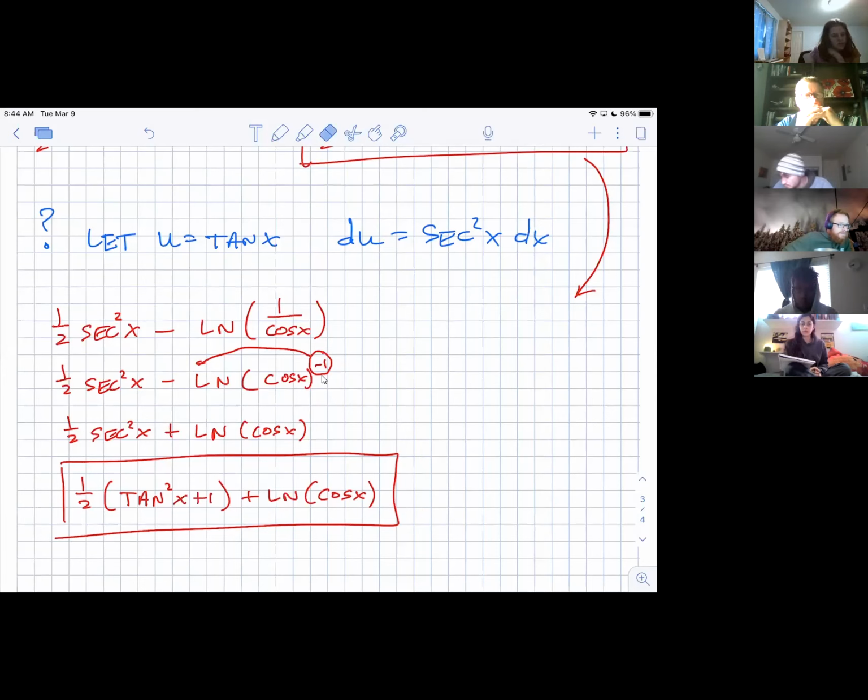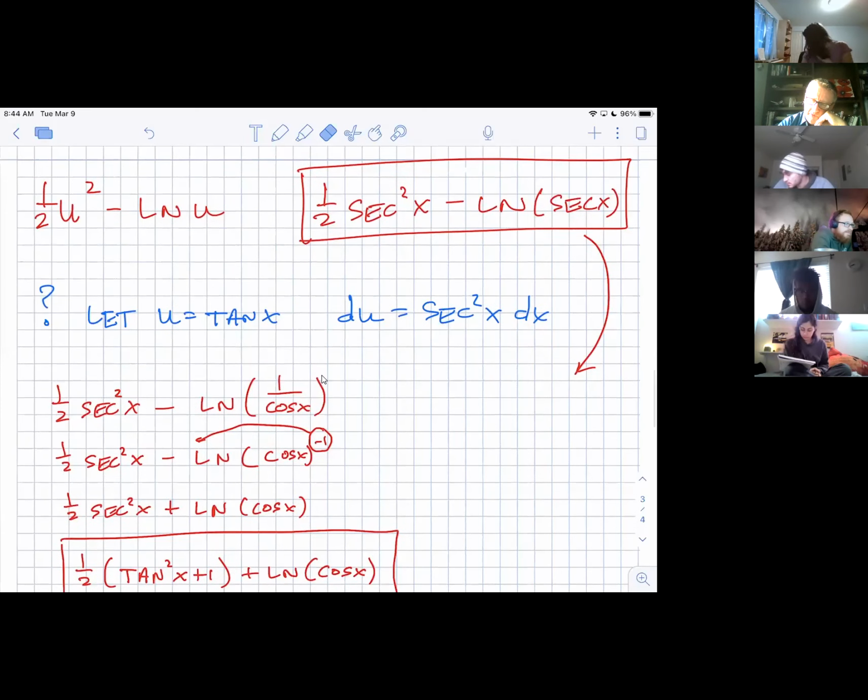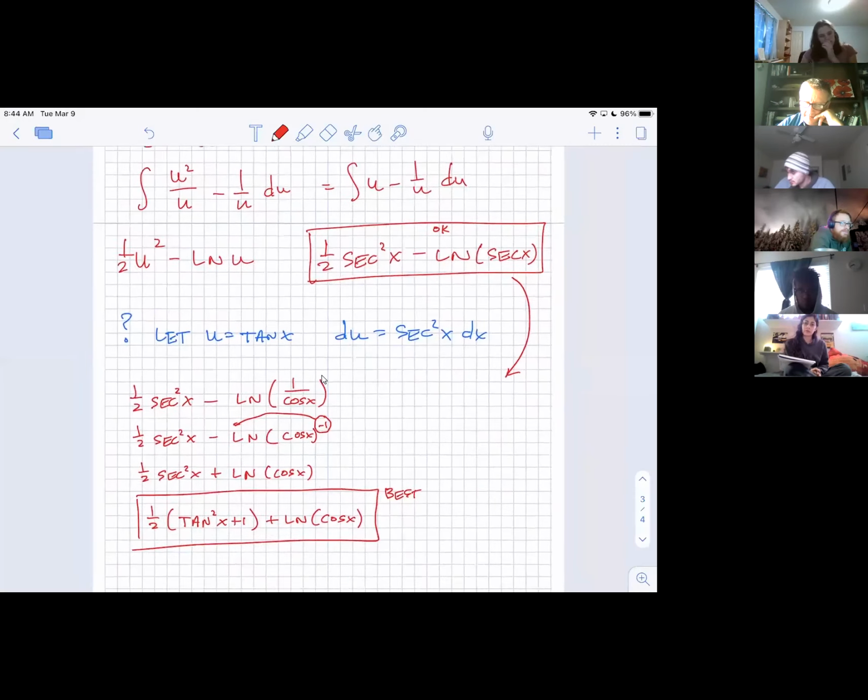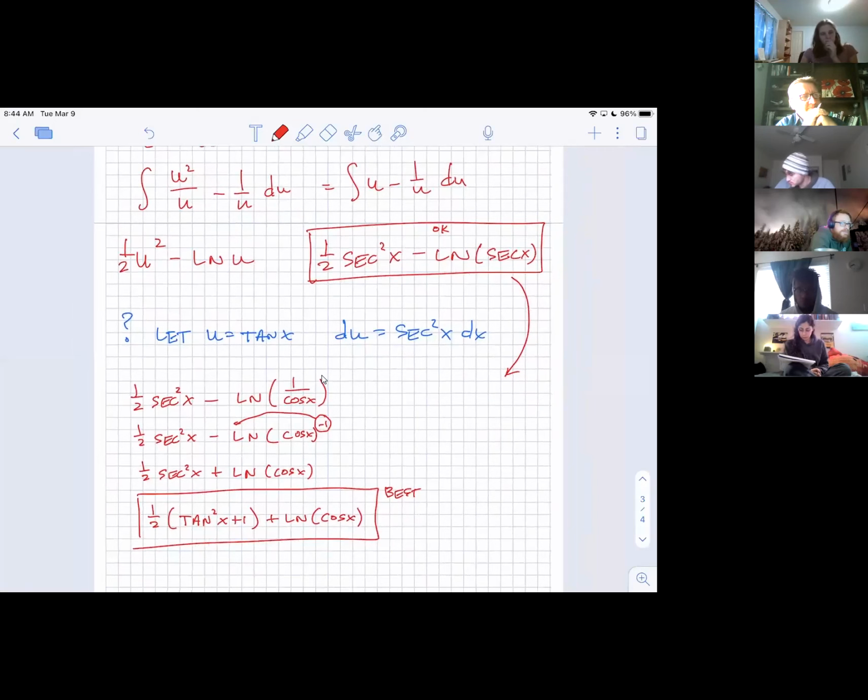So I like that answer better. This one is okay. This one, in my opinion, is the best. But do you see how good you have to be at trig, and in this case, even the properties of logarithms? It sort of punishes you if you don't know everything you've ever learned about algebra.